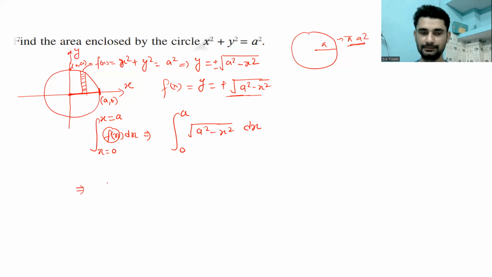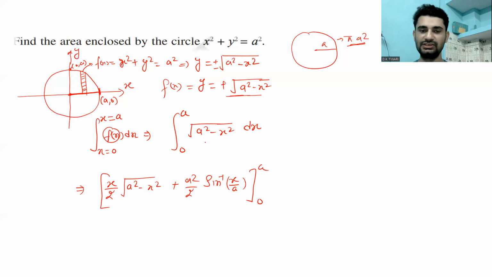It is nothing but x by 2 root a square minus x square plus a square by 2 sine inverse x upon a, and put the limit over here from 0 to a, because this is the standard formula. Now we just put the limits.